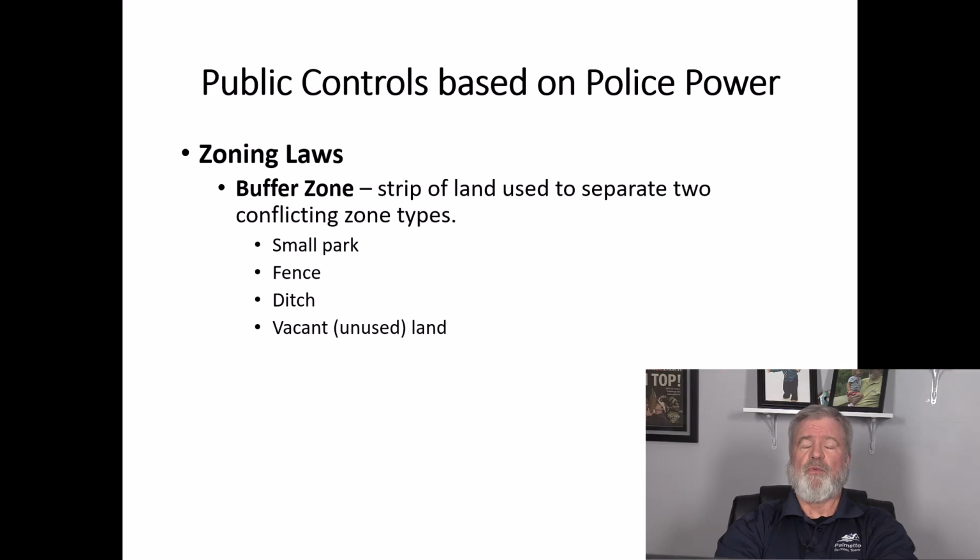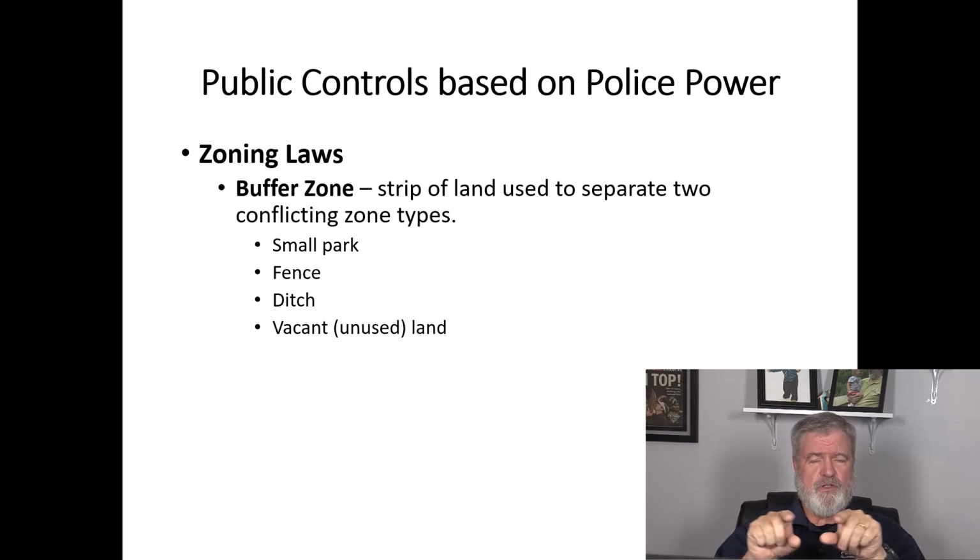And that's what we refer to as a buffer zone. Now, whatever is between the two, it could be almost anything. It could be a wall, could be a fence. It could be just a strip of vacant land that you can't use. It's just being used as a buffer.